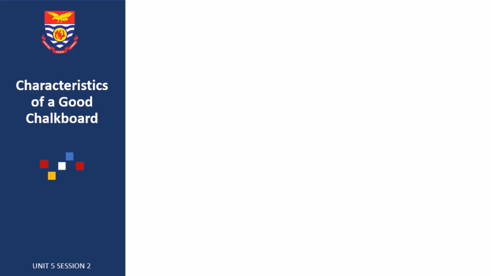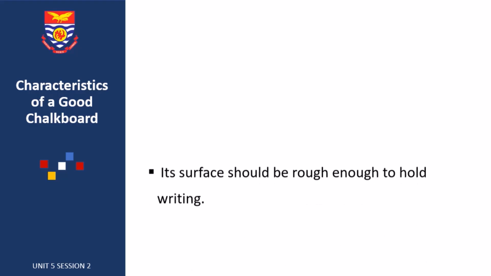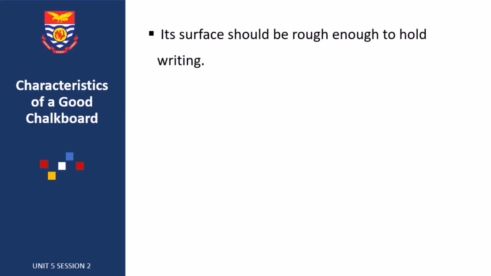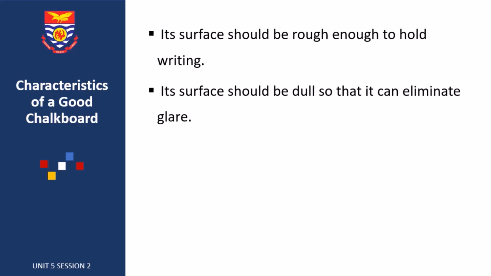Let's look at characteristics of a good chalkboard, because the chalkboards are still very common. Its surface should be rough enough to hold writing. If the surface is very smooth, then when you write on it, it looks very thin, and students, especially those at the back, wouldn't see well.